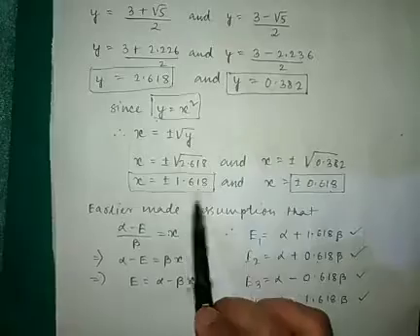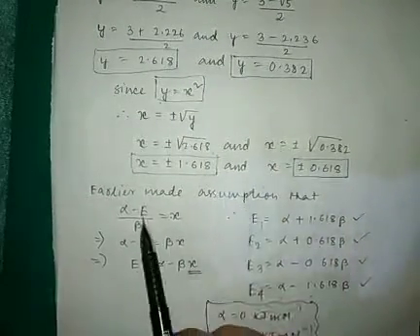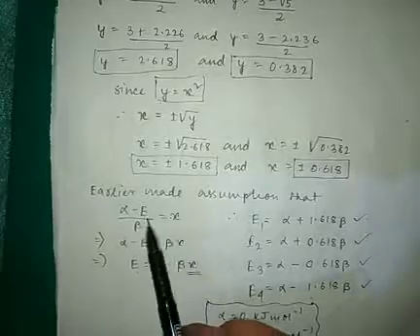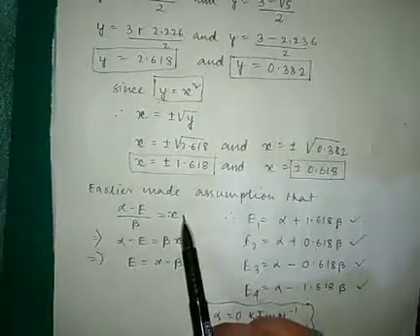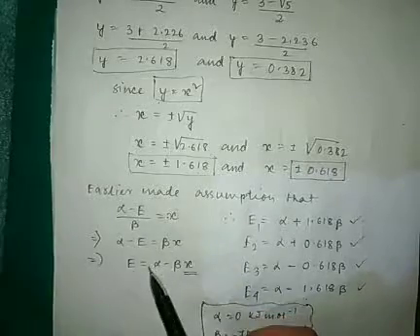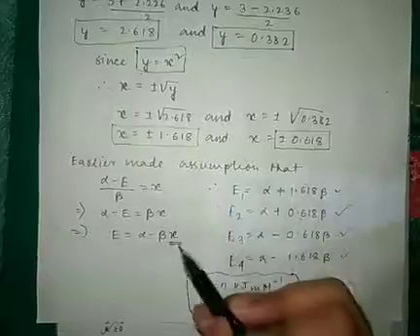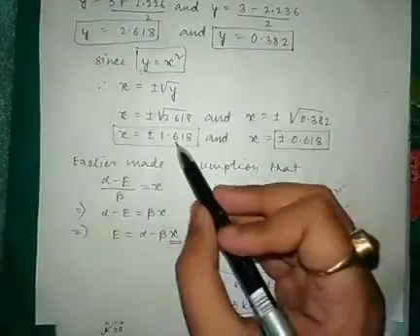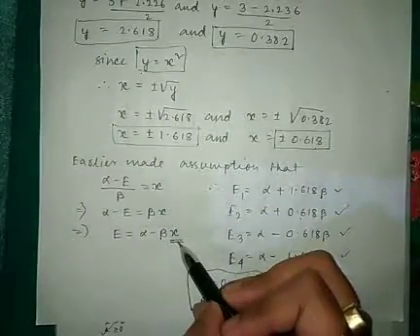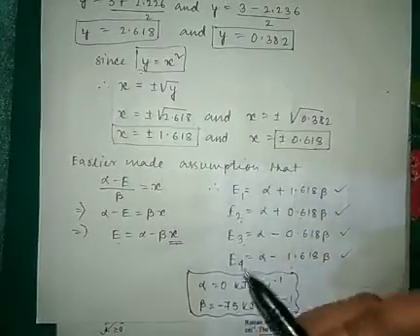So 4 values of x came. Earlier I made the assumption that alpha minus E divided by beta equals x, so E equals alpha minus beta x. This is just rearranged. Then in place of x, since I have 4 values of x, one by one I put the values and get 4 energy expressions, E1, E2, E3, E4.